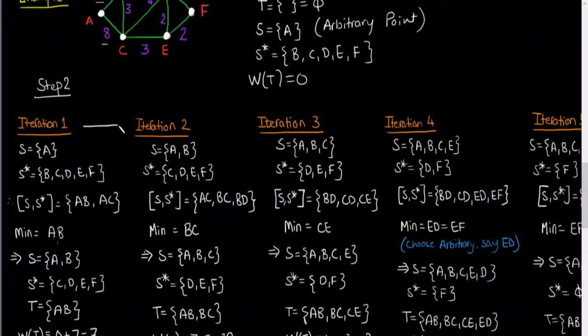So from this we move to iteration 2. So the S and S star of iteration 1 become the starting S and S star for iteration 2.